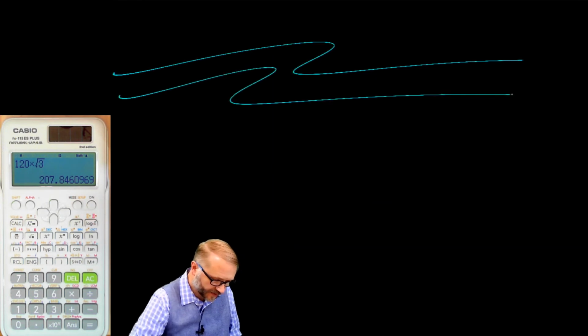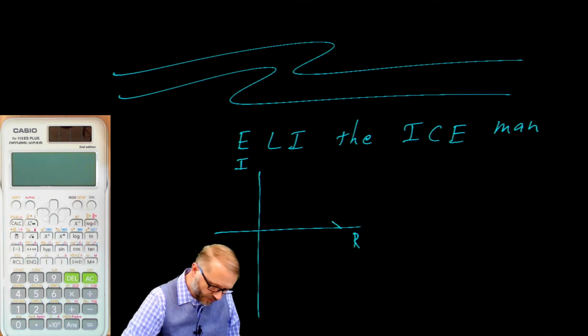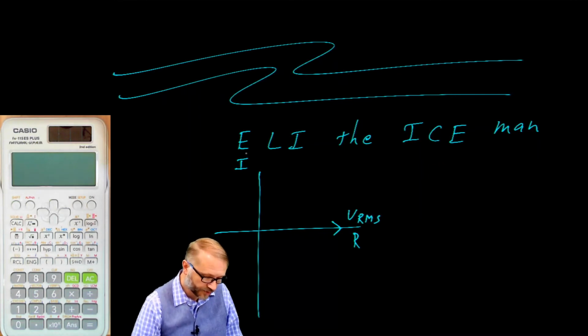With that said, we are going to shift to a closely related topic, and that is ELI the ICE man. For an inductive circuit, if we consider the real and imaginary, and if we let the voltage be here, so if this is volts RMS, we would say that the voltage leads the current.